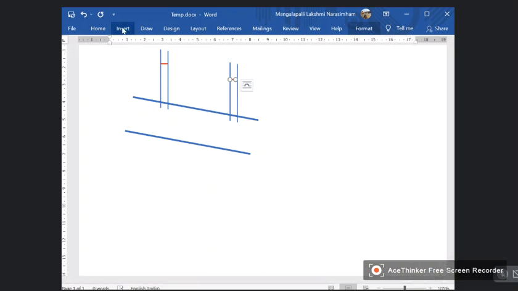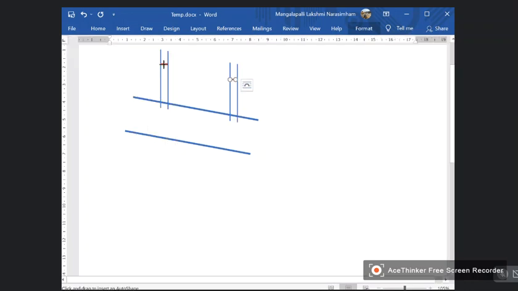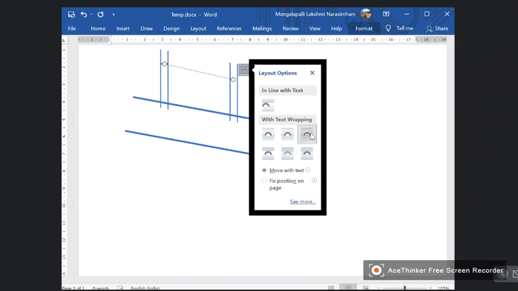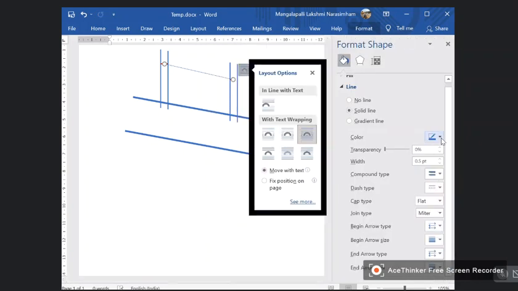So if you draw a line joining these two, it indicates the hydraulic gradient line.